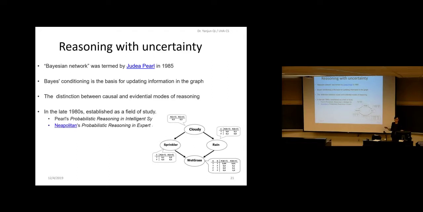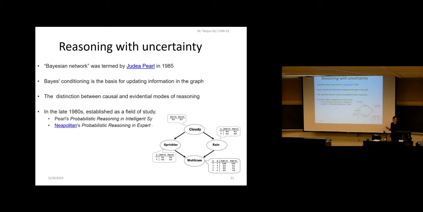There are much more complicated graph structures. The fundamental idea is we represent variables as nodes in a graph, and then we perform inference using Bayes rule on this graph diagram. This was established by Judea Pearl, a Turing Award winner, and the basic idea was proposed in 1985.